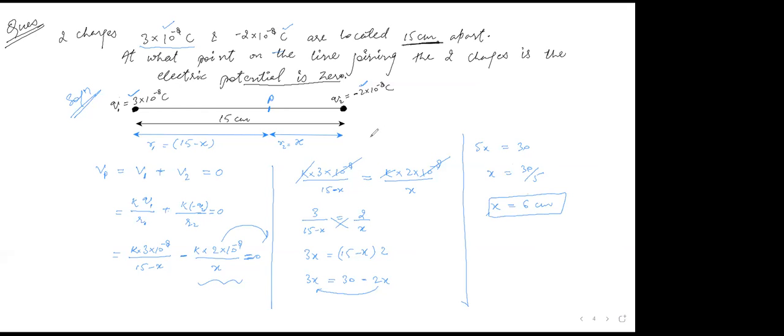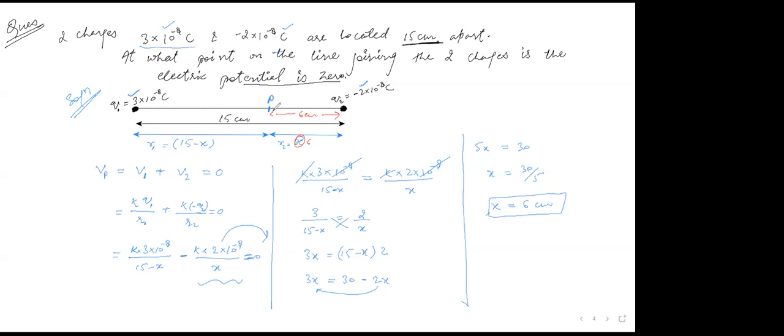Exactly, at 6 centimeter the relative potential is 0. Try to understand here. This X is equal to 6. This value of X represents this one. I mean, at 6 centimeter from Q2, your potential is 0.